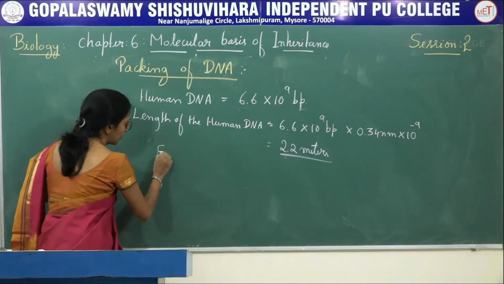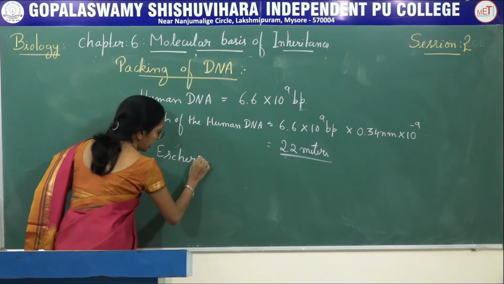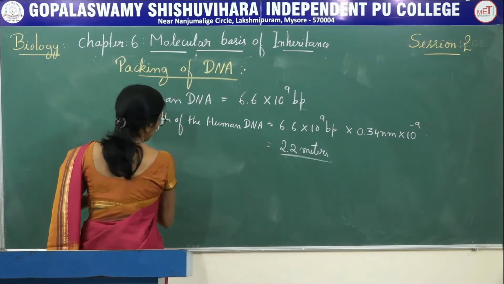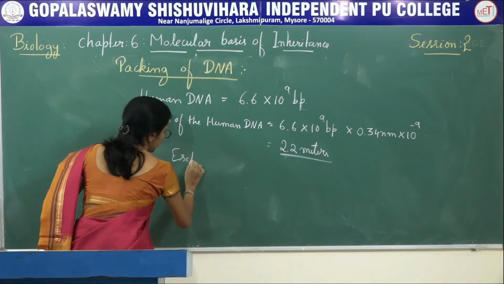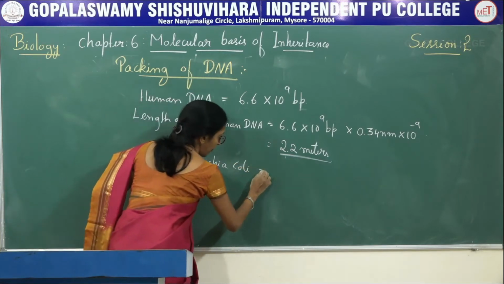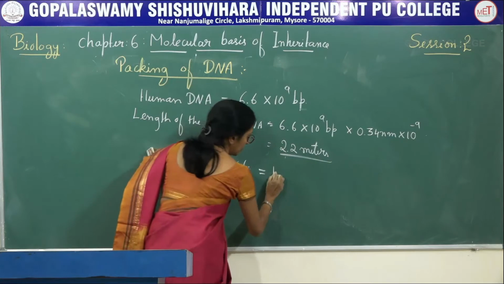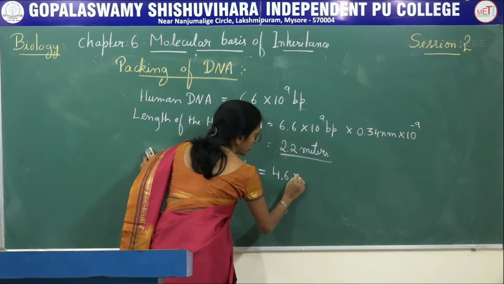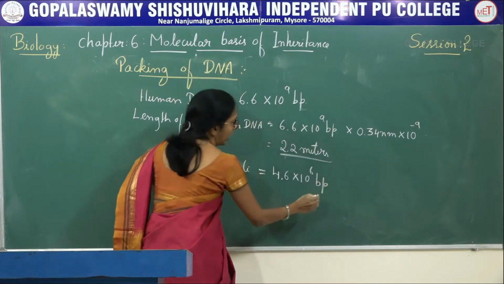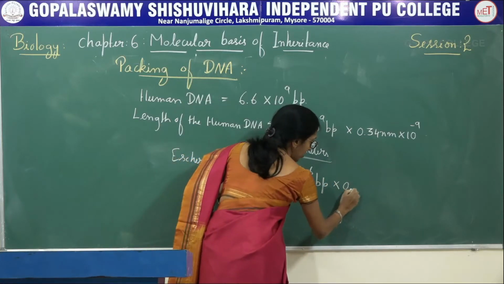In case of Escherichia coli, 4.6 into 10 to the power of 6 base pair multiplied by the same thing.